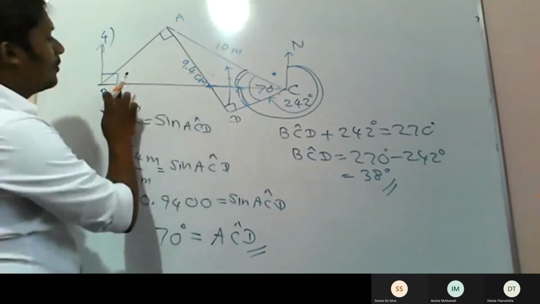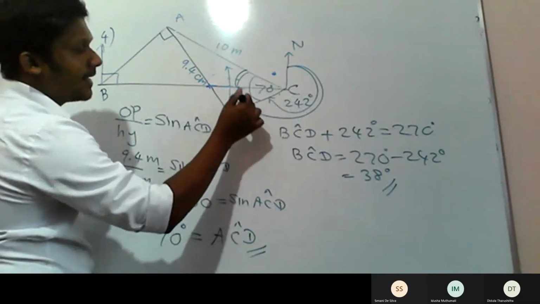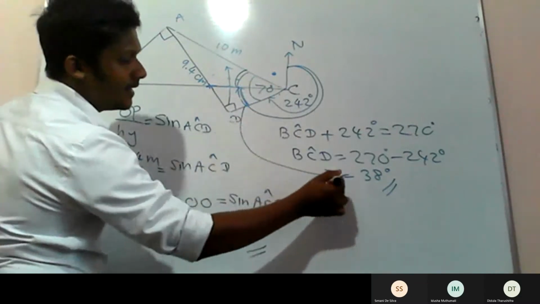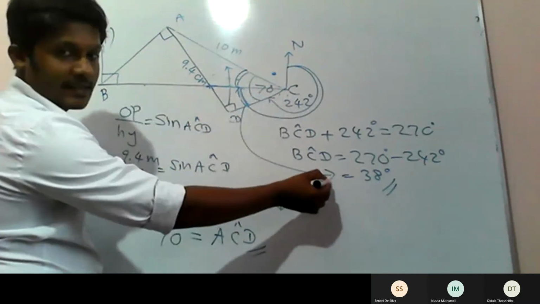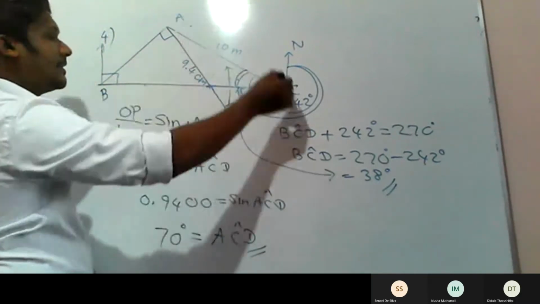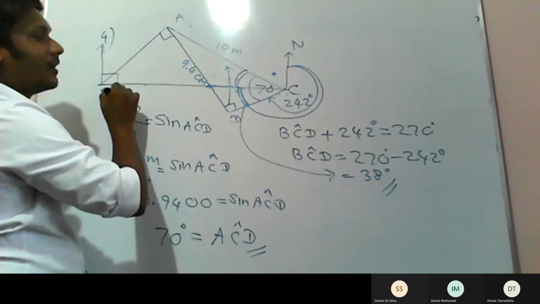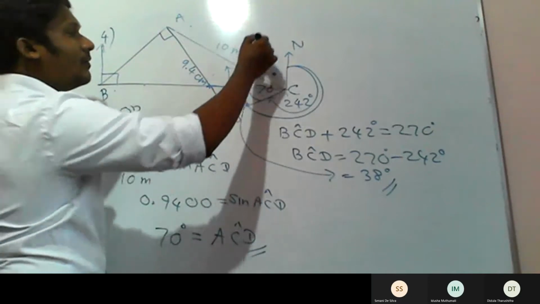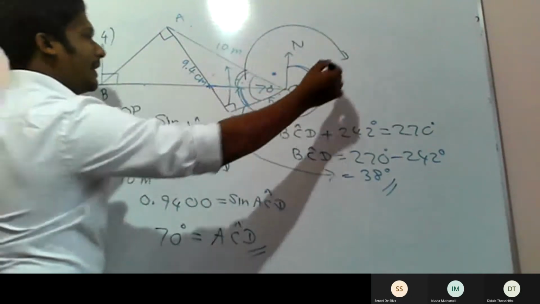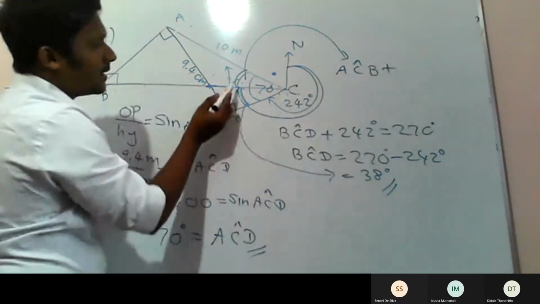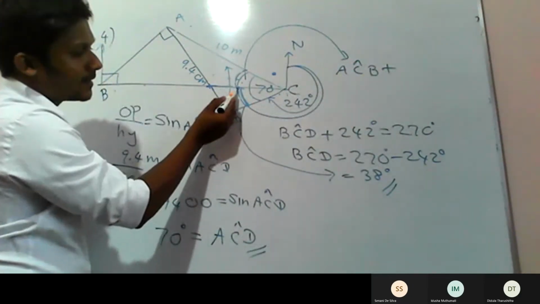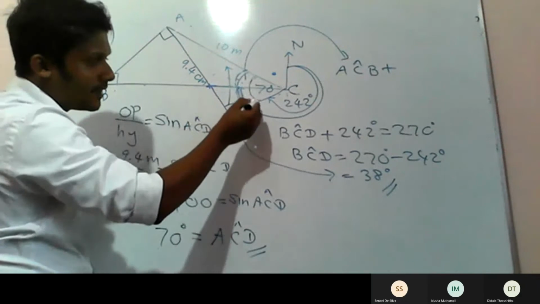Yes, now you know BCD. This angle equals 38 degrees. The ACB value is this, right?